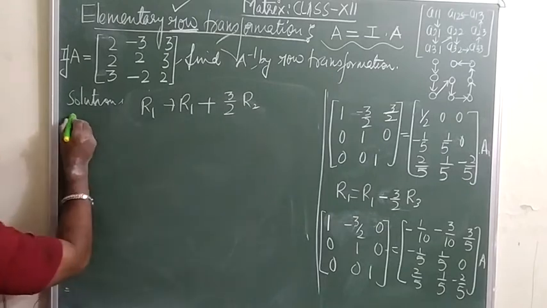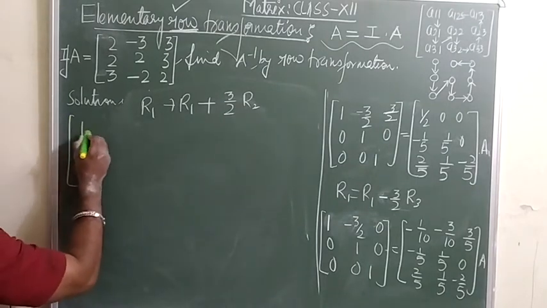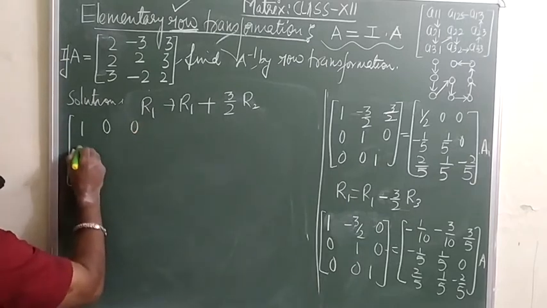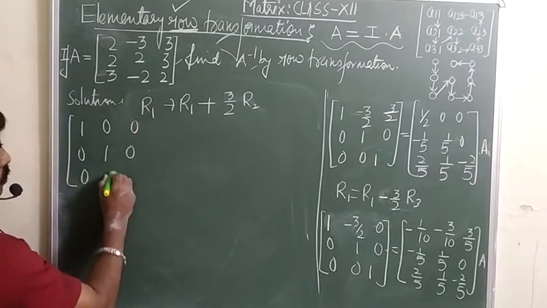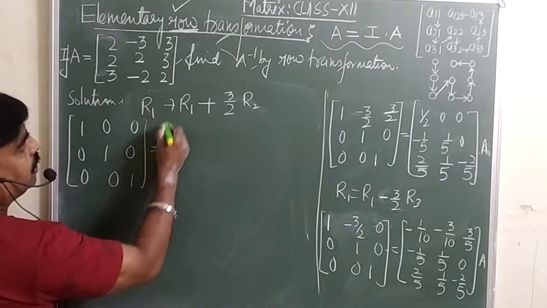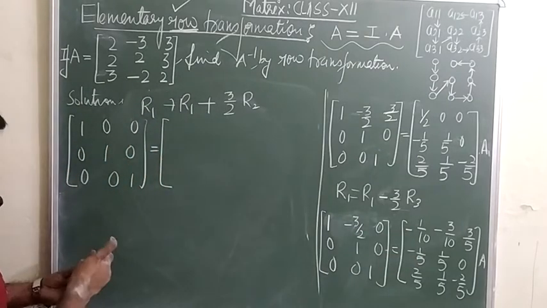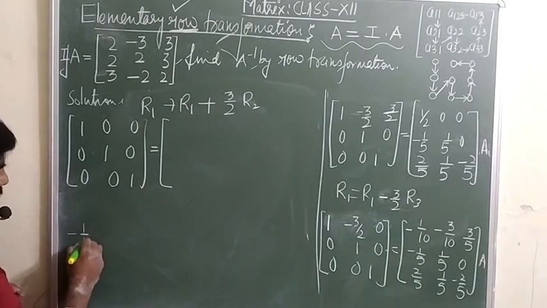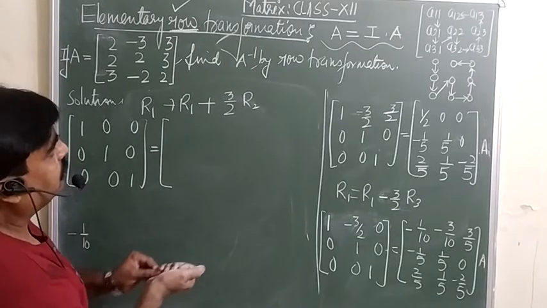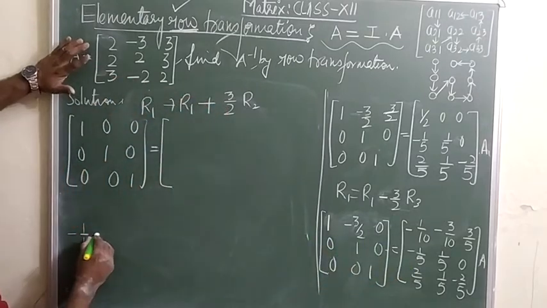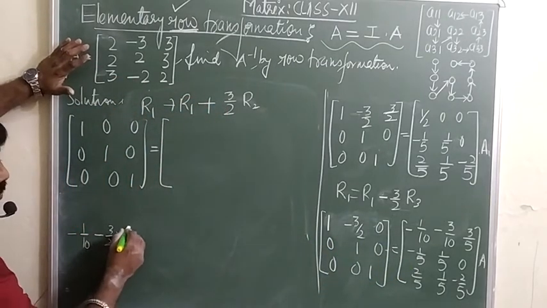So what we will get is here 1, 0, 0, 0, 1, 0, 0, 0, 1. And this side, in the first row, minus 1 by 10, we are going to add 3 over 2 times of the second, so this is minus 3 by 2 into 1 over 5.